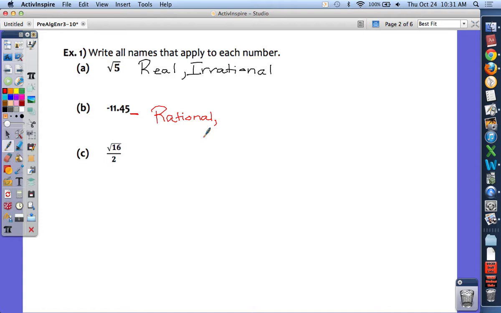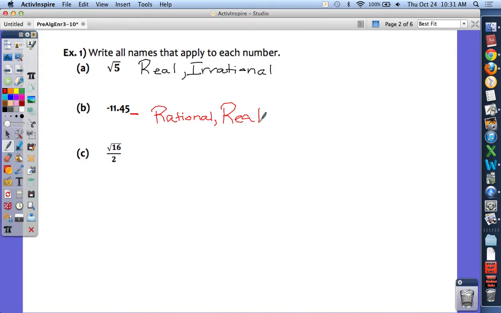Any of those? This one's not any of those. It has a decimal, so it's definitely not an integer, a whole number, or a natural number. The last thing we have to ask ourselves then is, is it real? Yeah, this is a real number. We can write it, we can use it in math, so it's rational and real.